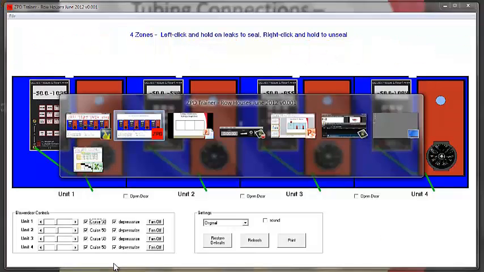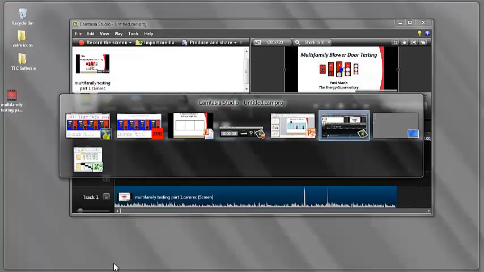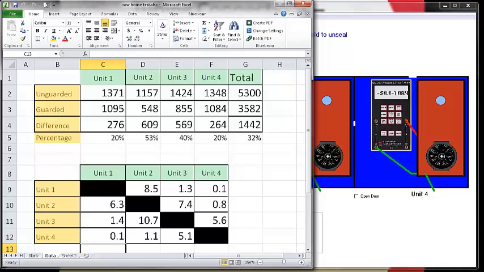So let's bring up, we've got a spreadsheet. So these are our numbers here. We're showing when we did the unguarded test, the total duct leakage test, 1 unit at a time, compared to our guarded test with all 4 fans running, and the difference between those two.